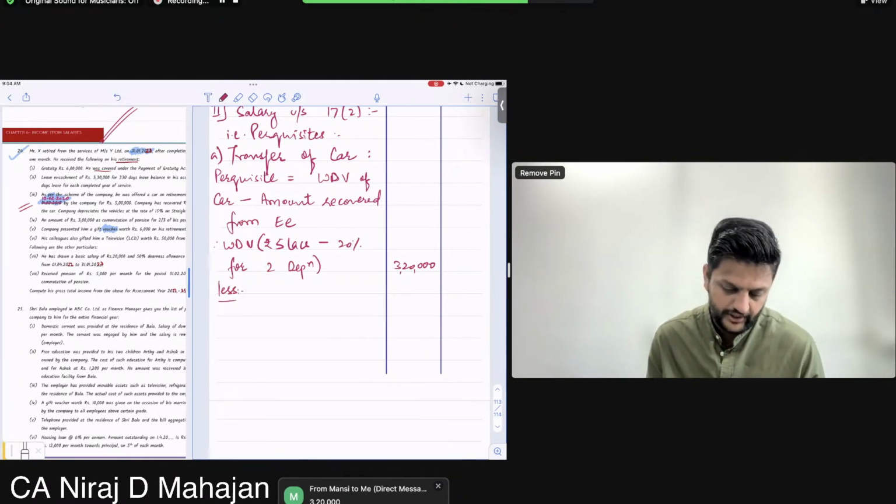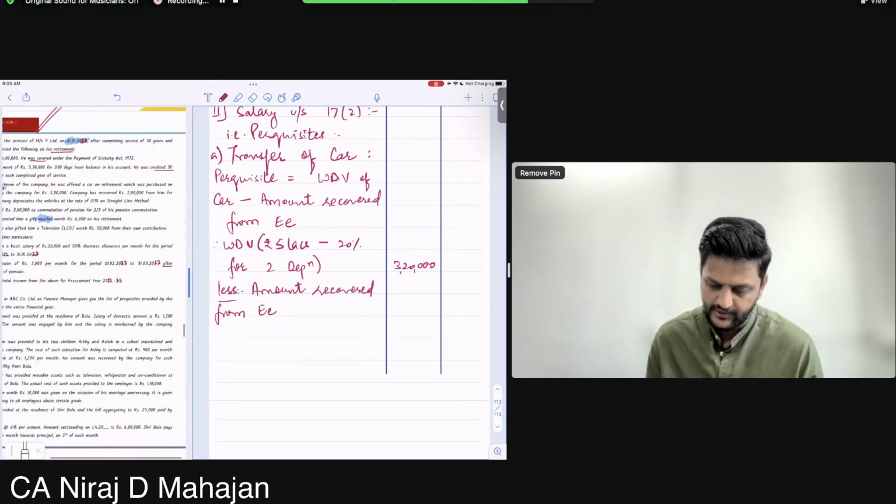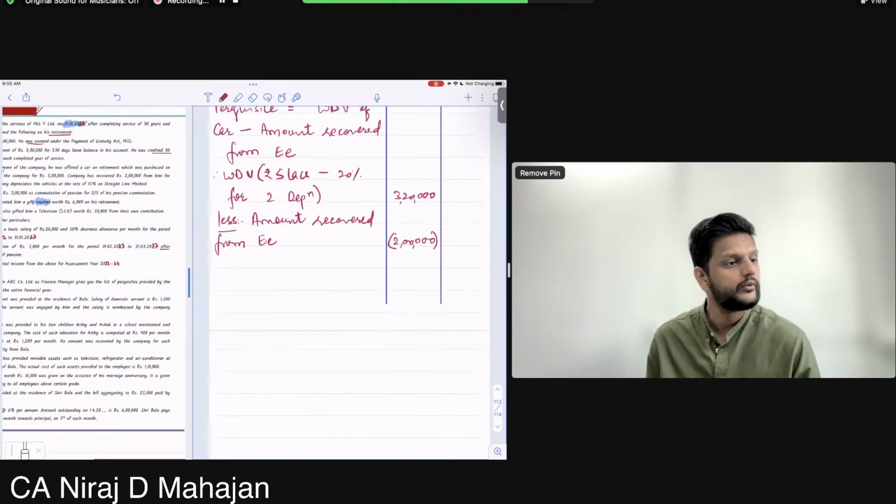Less: amount recovered from employee. How much did he pay for that car? 2 lakhs. Fine till here? So the perquisite is 1,20,000.